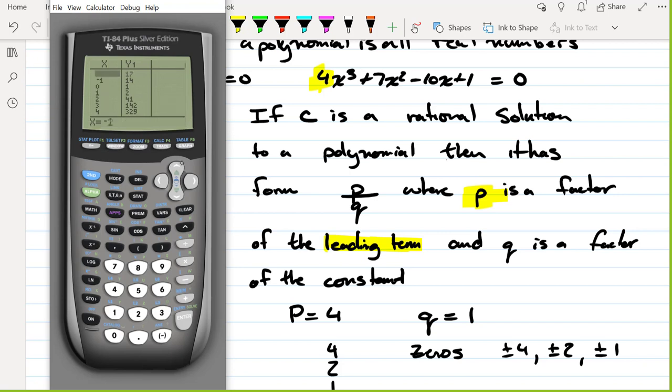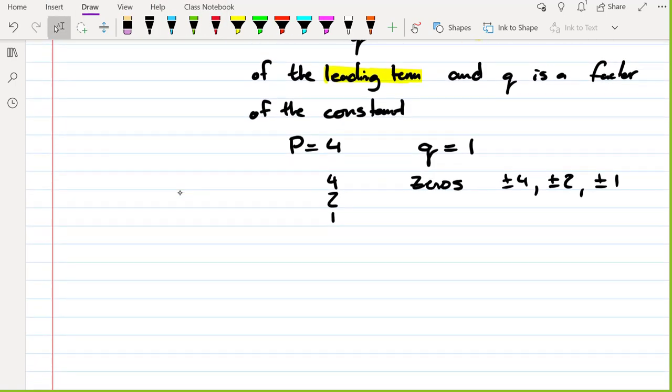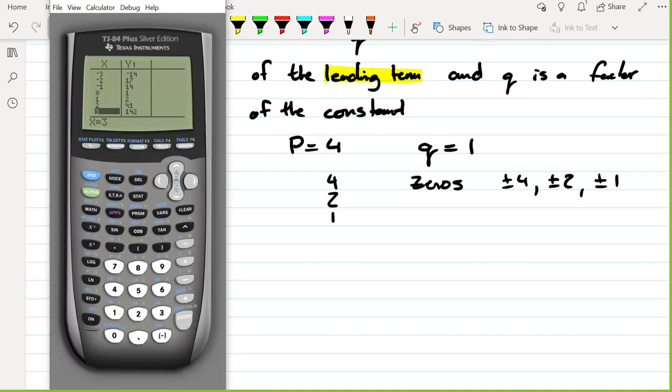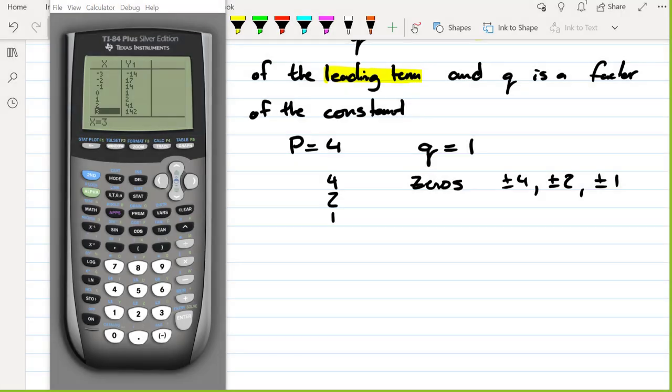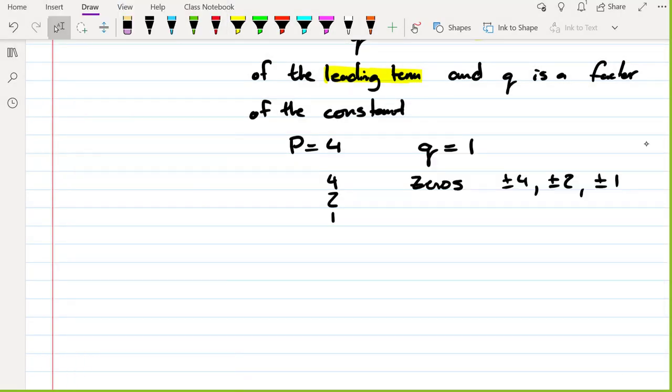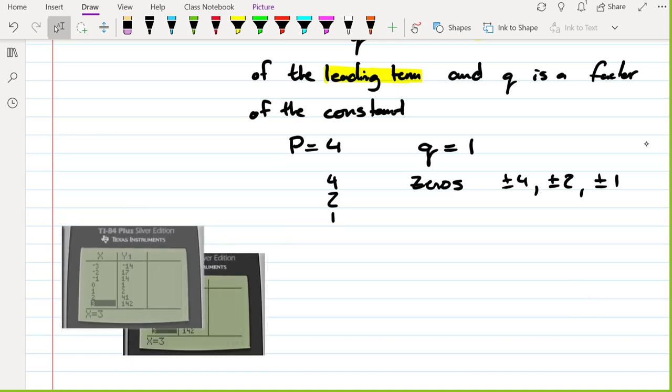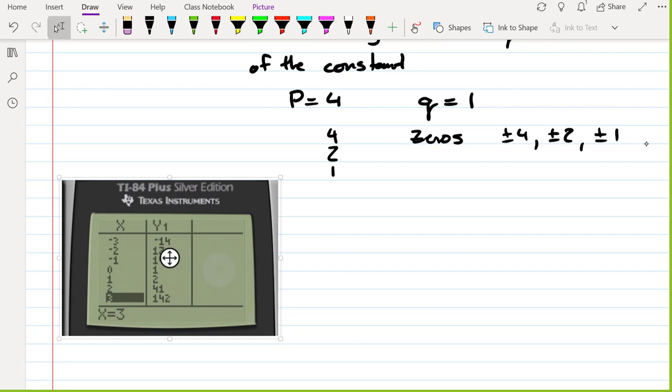If you look at 2 and negative 2, they're not 0. And if you look at 4 and negative 4, they're not 0. We could have checked them all manually by putting them in, it's just that would take a really long time. So that just shows us that this does not have any zeros. So turns out this polynomial doesn't have any rational zeros, which sometimes they do, sometimes they don't.